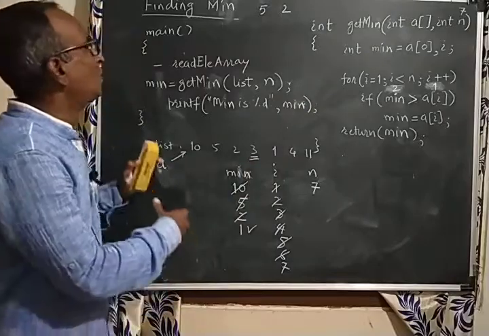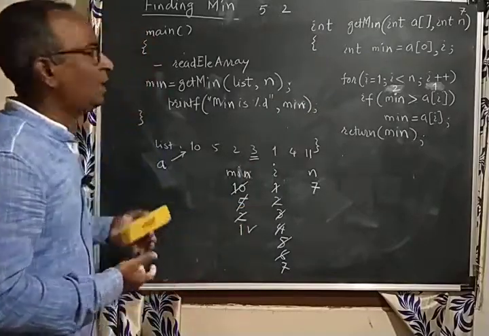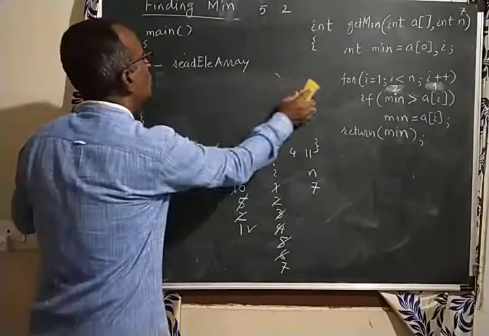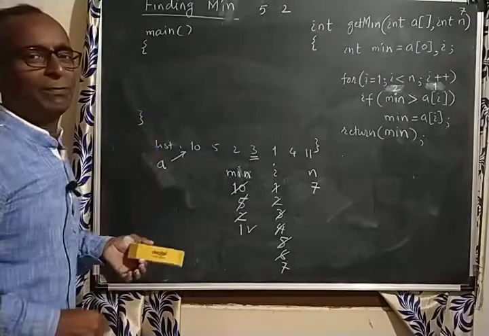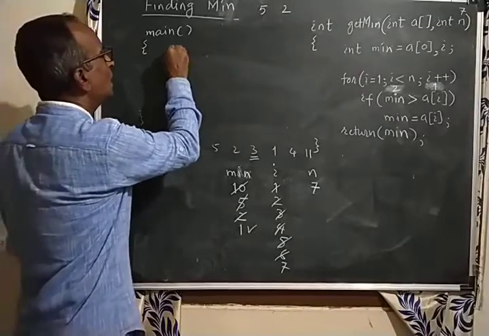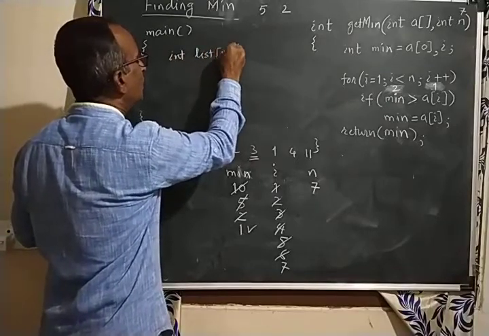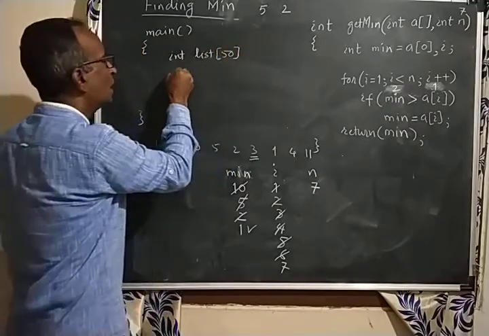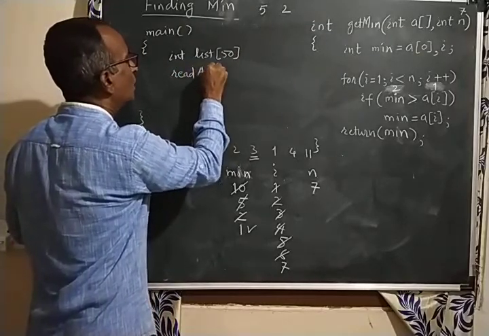So this is all about how to implement it. See, I can write my main this way also. I can have a shorter main also. I'll say an integer list of some 50, and I'll say read array.